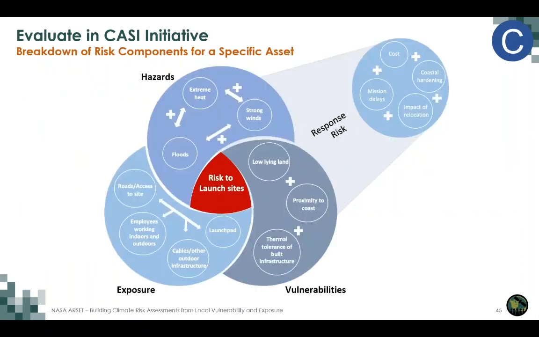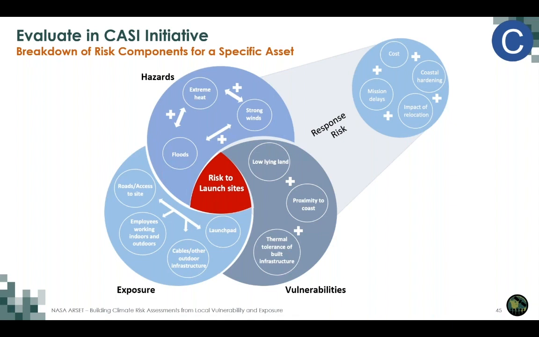One example that we put together for the CASI project is a breakdown of the risk components for specific launch sites. So here we have a breakdown of different types of hazards that we're looking at. We have different types of exposure at these launch sites, including things like the roads to the sites, the employees that are working there, various cables and the launch pads themselves.